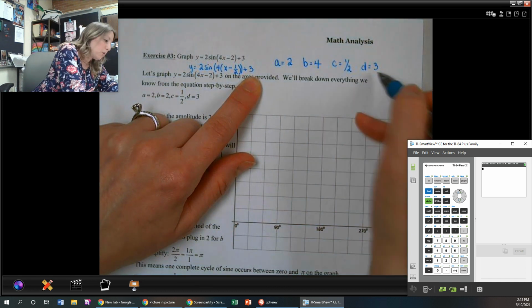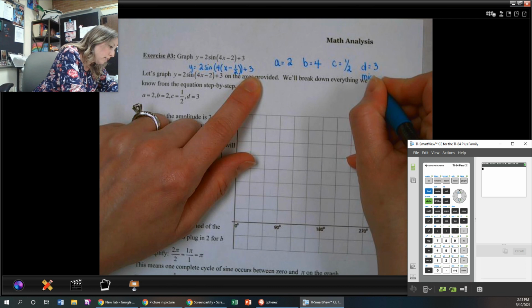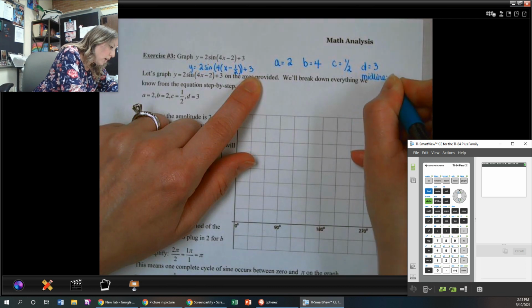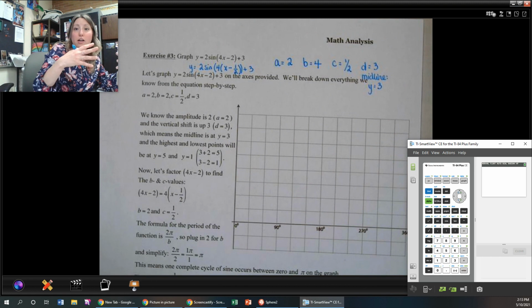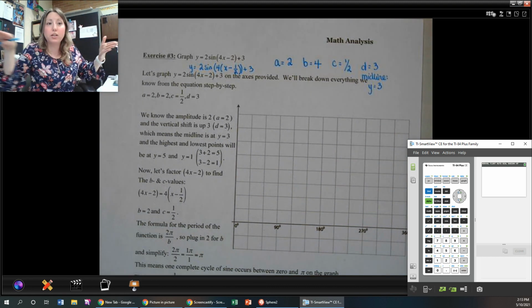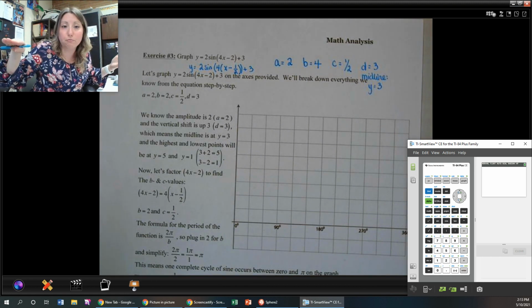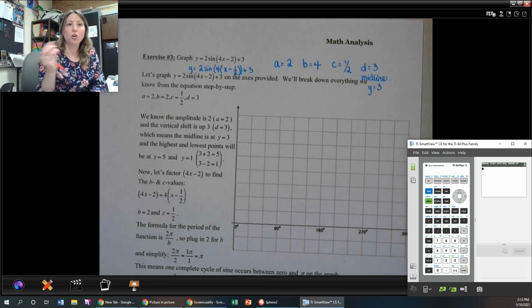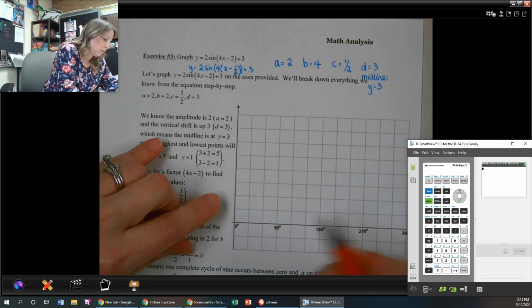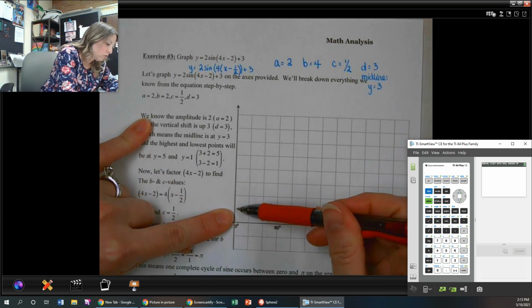Now remember, this tells me my midline is y equals 3. So that does help me out as far as where I'm going to have my graph being cut in half. Actually, let's get that on there, and I'm going to put that in red just so I don't get confused with it for the rest of the graph. So let's count 1, 2, 3.